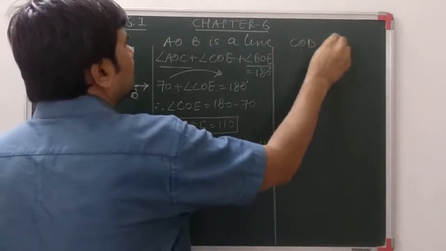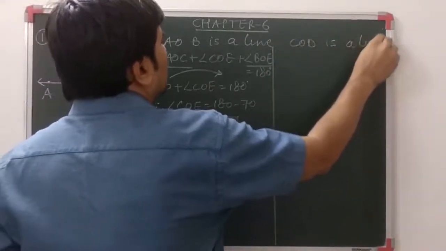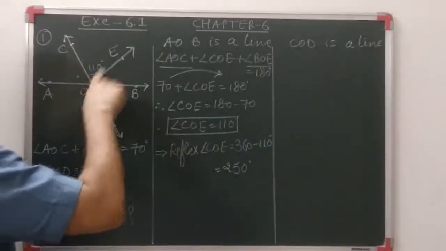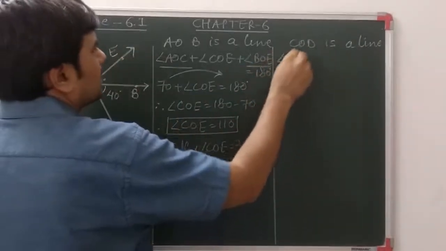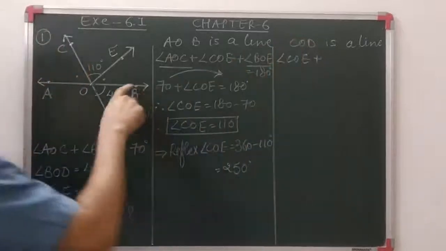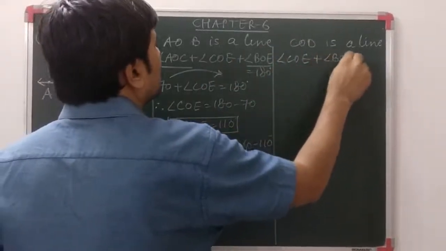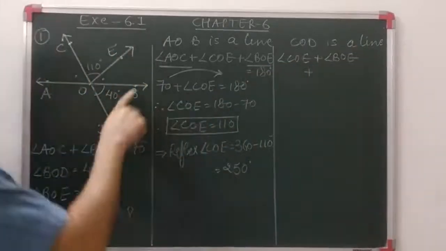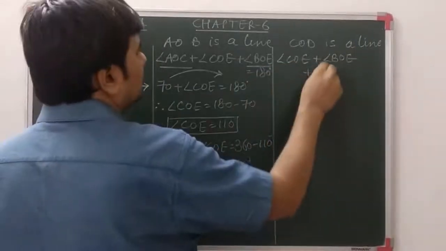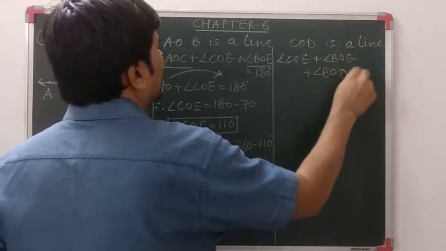COD is a line. So this angle COE plus BOE, which we have to find out, plus BOD, which is given, is 180.